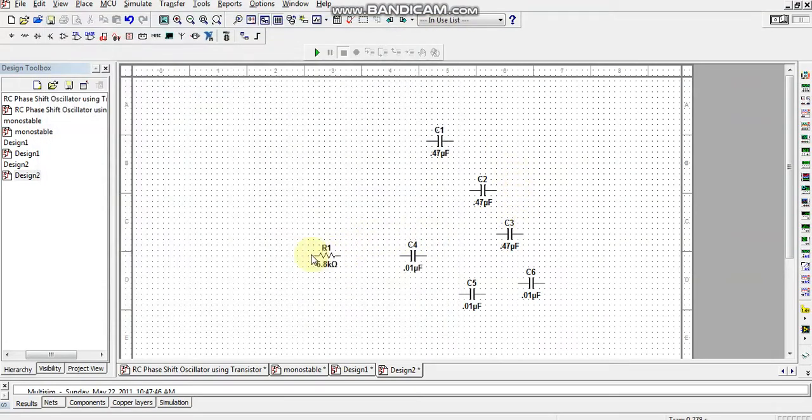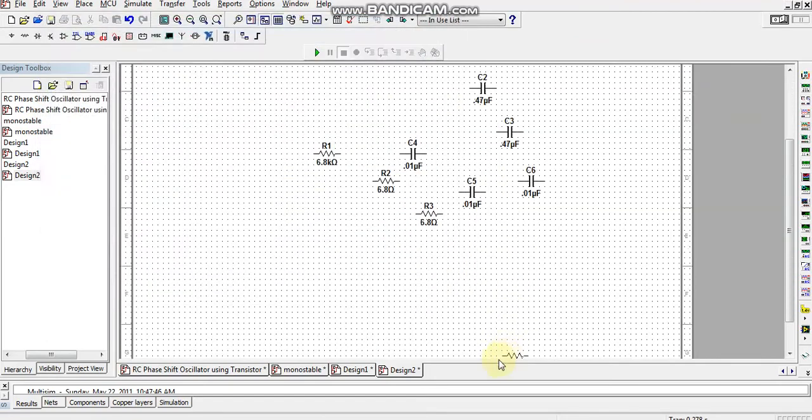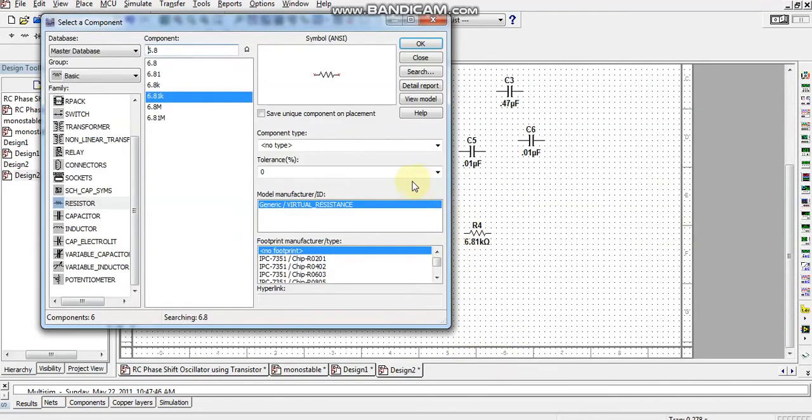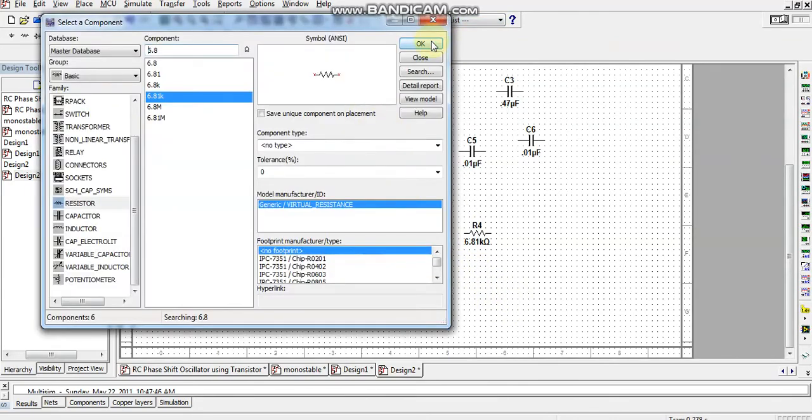Three numbers I require. It should be 6.8 kilo, 6.8 kilo, 6.8 kilo. What else do I require?